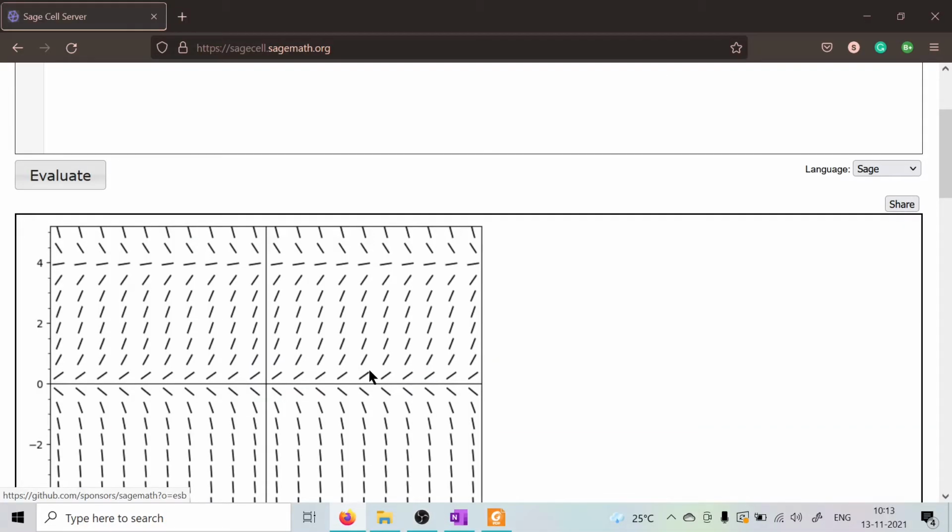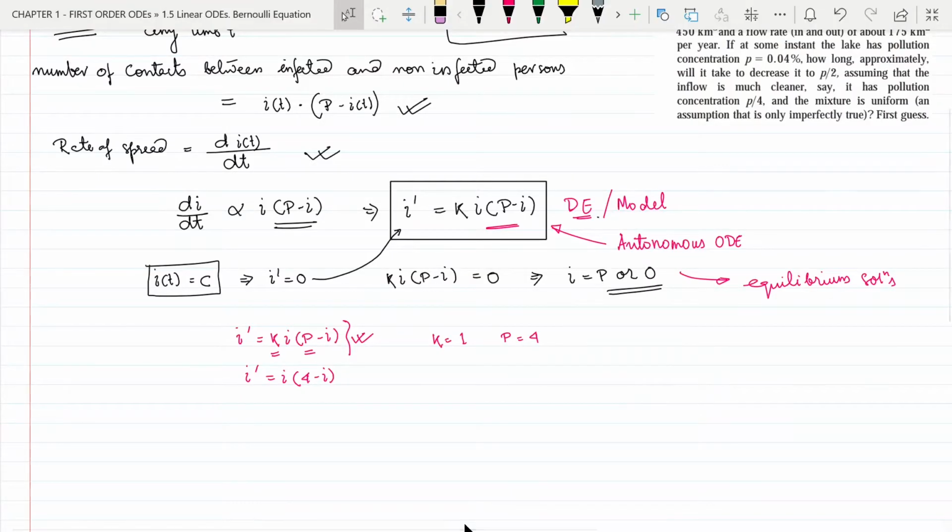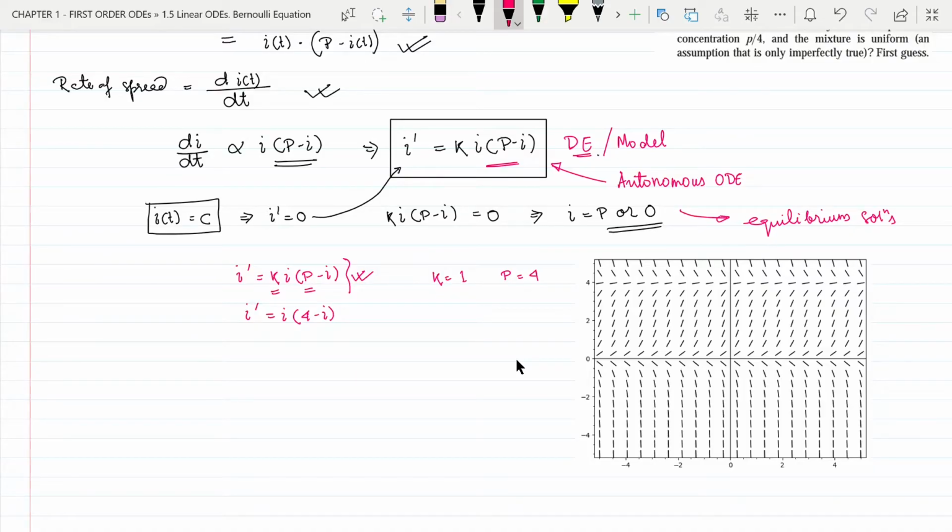Now let us see if the equilibriums are stable or not. Let us copy this. Now in this slope field, this axis is the I-axis and this one is the T-axis.